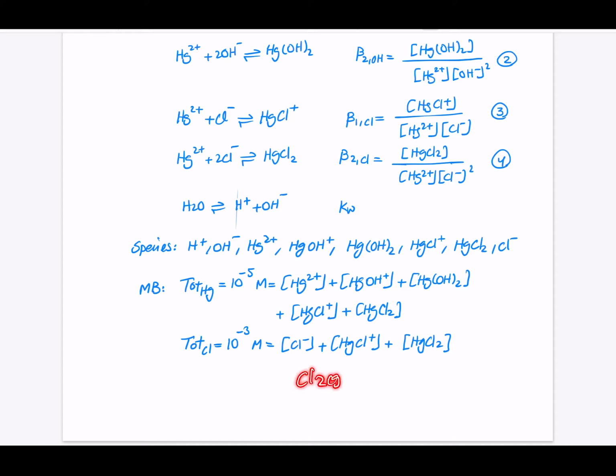Something is missing in this line. We don't have any other species that contain Cl, right? Only Cl minus and the two complexes.